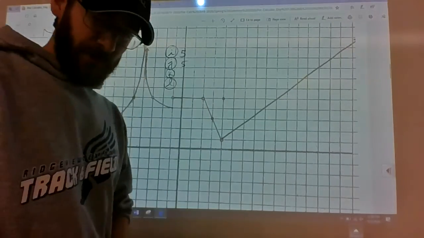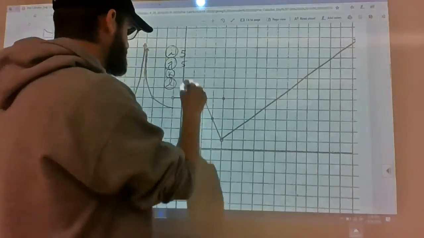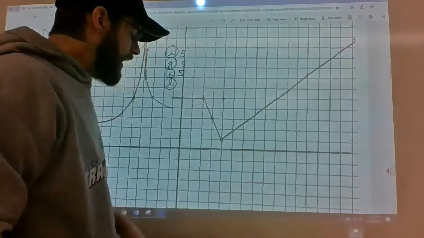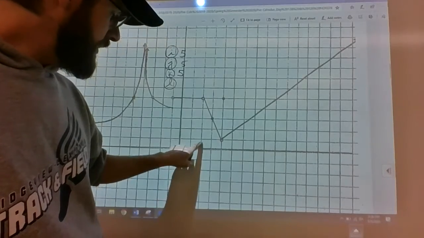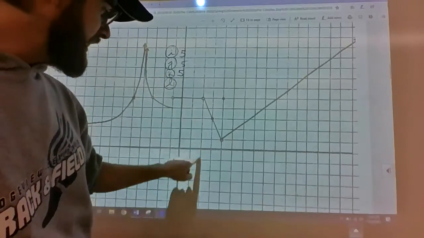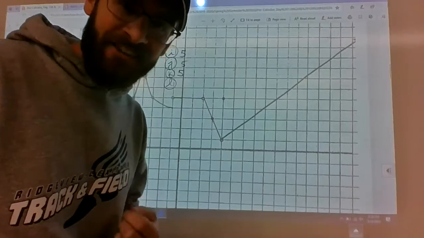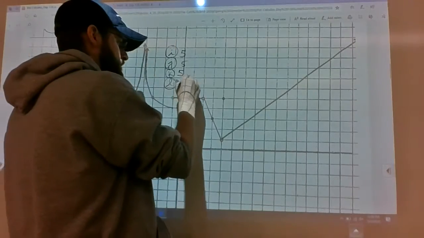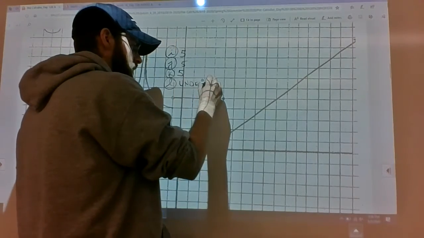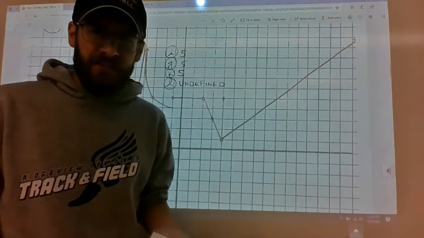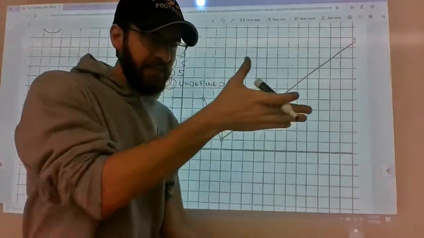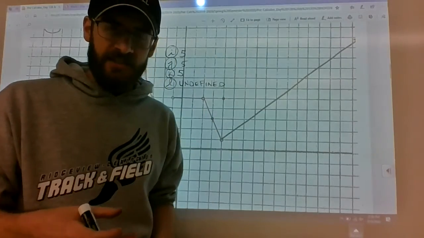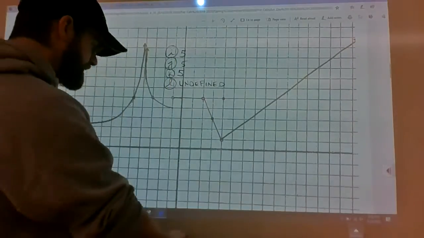So the limit as x approaches 2 is 5. What is the function's value at 2? There is no value for it. It's undefined. Are you noticing that I'm not saying does not exist? The function's value is undefined. Does not exist is talking about a limit's existence.